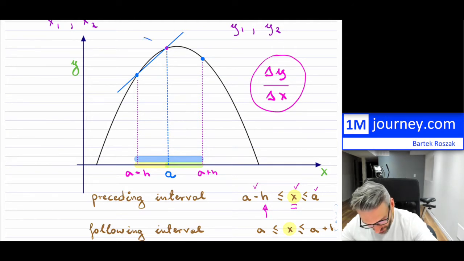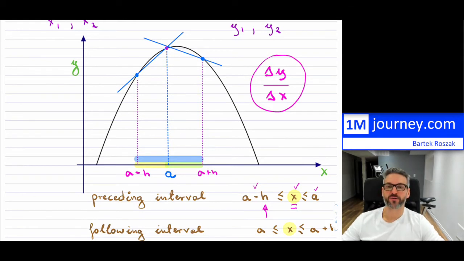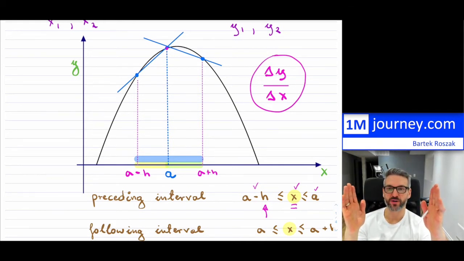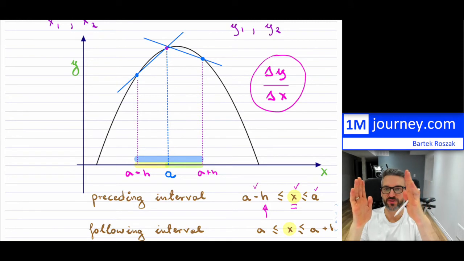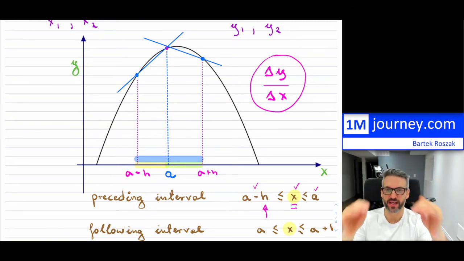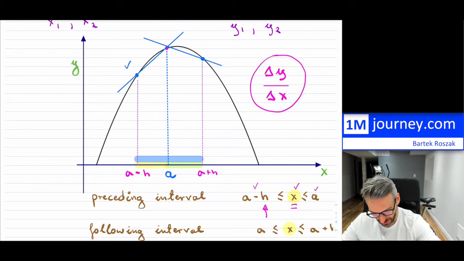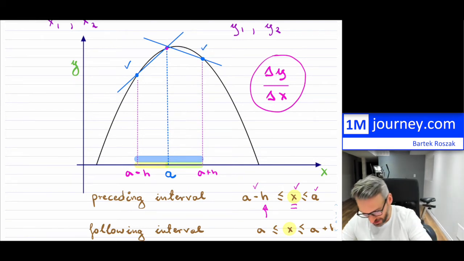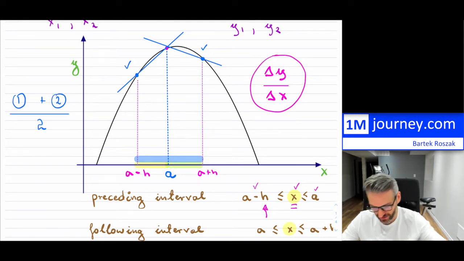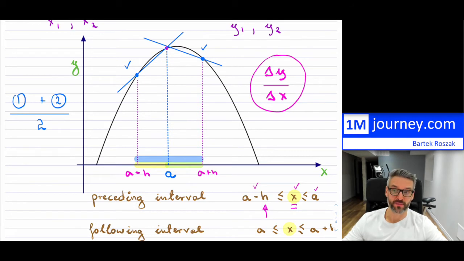Now, of course, as that h gets smaller, these two things slowly start to approach each other. And when you take the average of these two, you take the rate of change from the preceding plus the rate of change of the following. Averaging them out is just dividing by 2. Then you can start approximating. So that's kind of how we approximate the instantaneous rate of change.